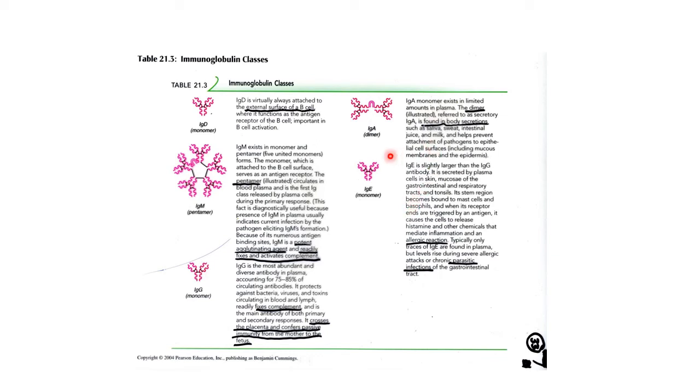Now you go to IgA. IgA is a dimer, and you see that it has 4 binding sites, and the 2 antibodies are joined together by their stems. This is the only one of the 5 classes that's found in humors of the body other than blood. So it's found in saliva, sweat, intestinal juice, and milk, and it helps to prevent the attachment of pathogens to epithelial surfaces.